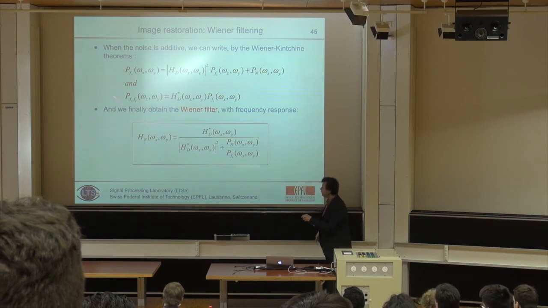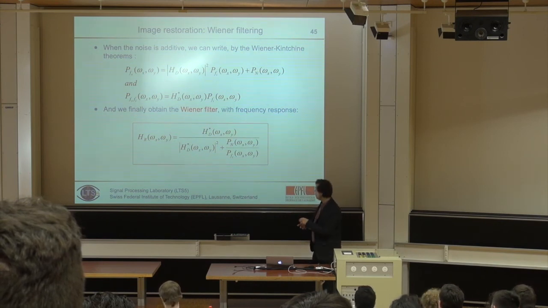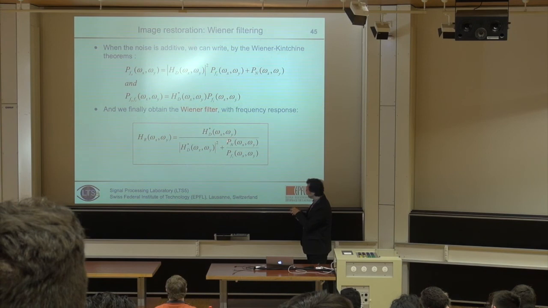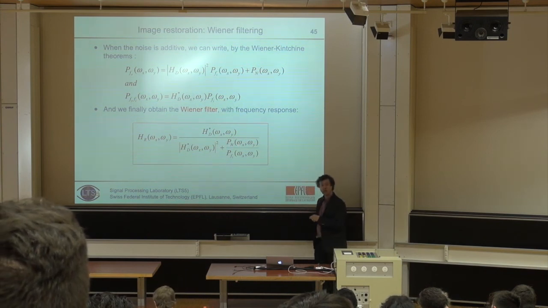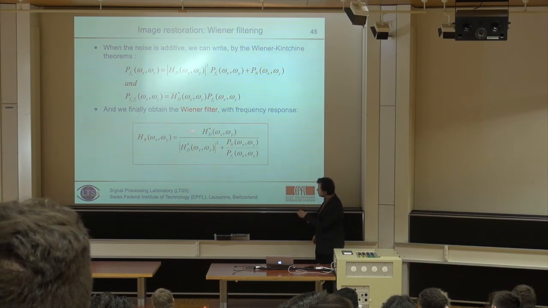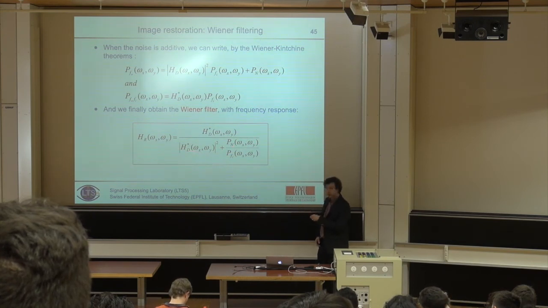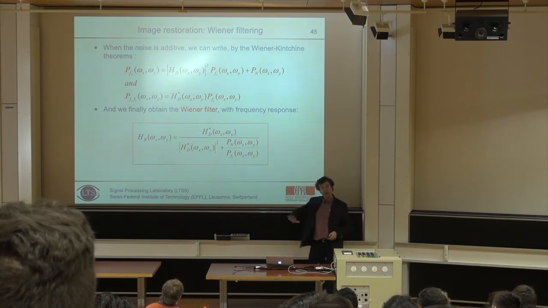But if at that frequency that you are considering, the noise becomes significantly powerful with respect to the power of the image at that frequency, then it's not the inverse filter anymore. This term becomes bigger. You start to have a bigger term in the denominator.